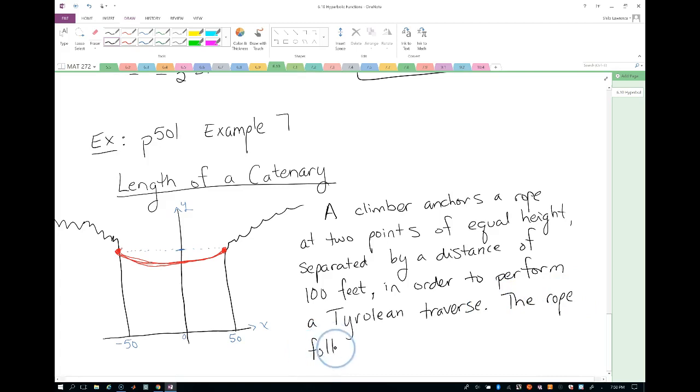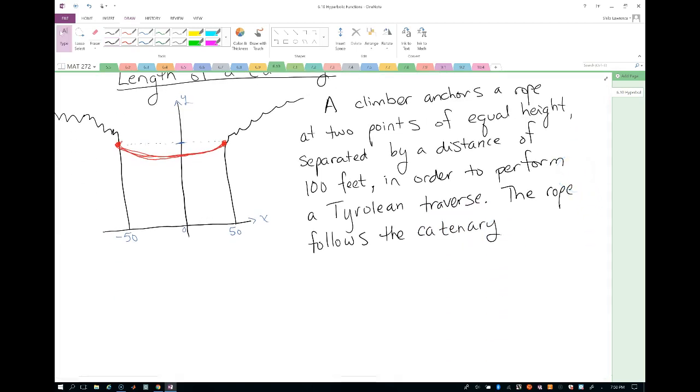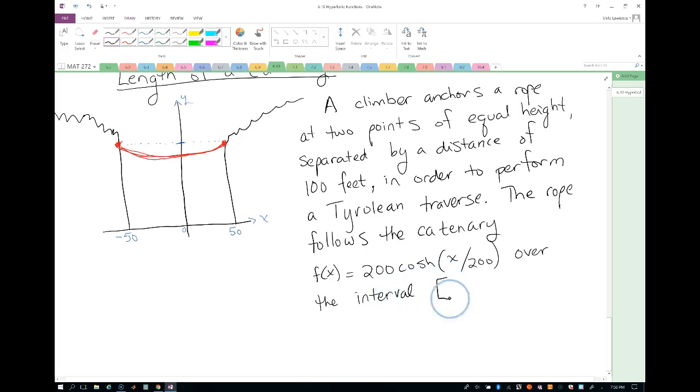The rope follows the catenary f of x equals 200 hyperbolic cosine of x divided by 200 over the interval -50 to 50.